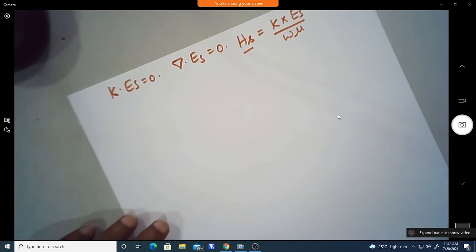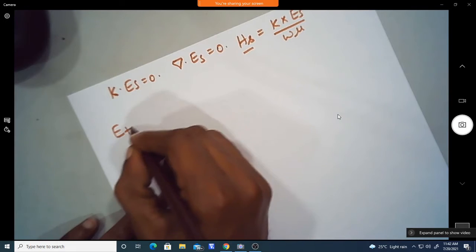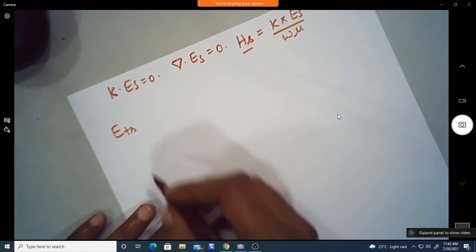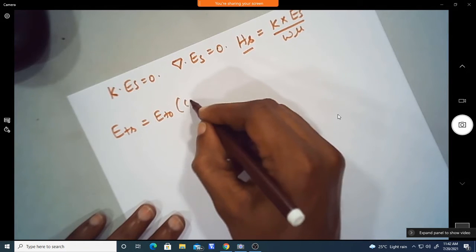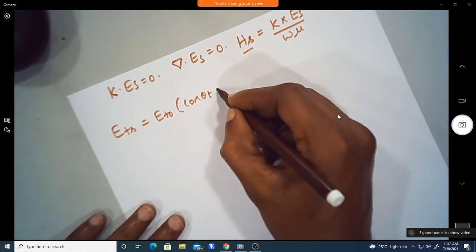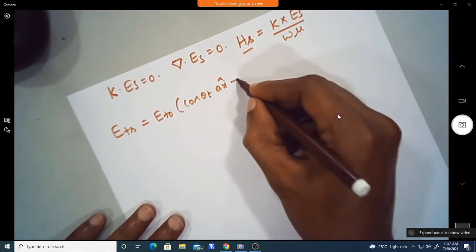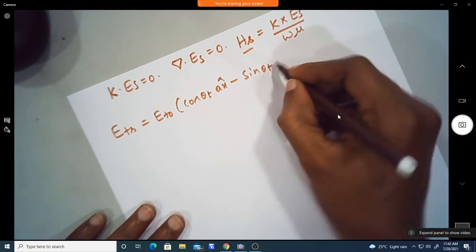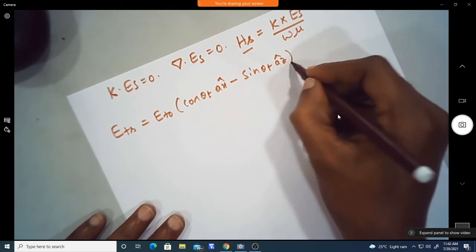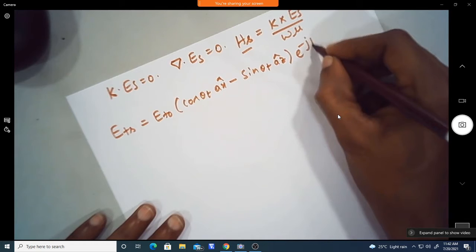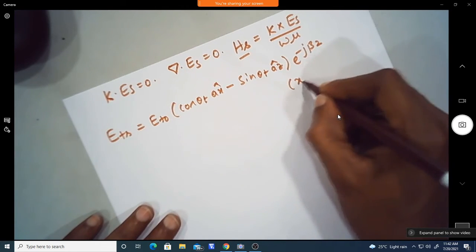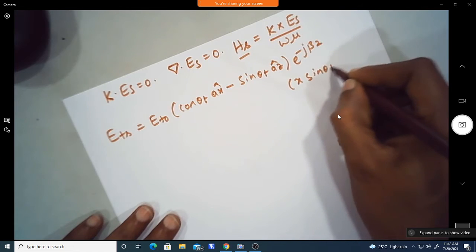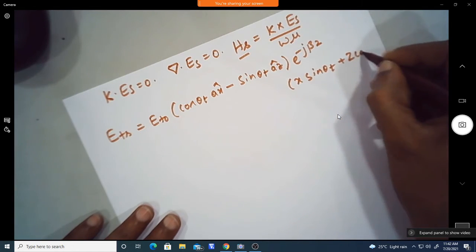So now we can see the transmitted field, ETS, we can represent as ET naught into cos theta t in the direction of AX, minus sin theta t in the direction of AZ, into e power minus j beta 2. So this is in the medium 2. So into x sin theta t plus z cos theta t.